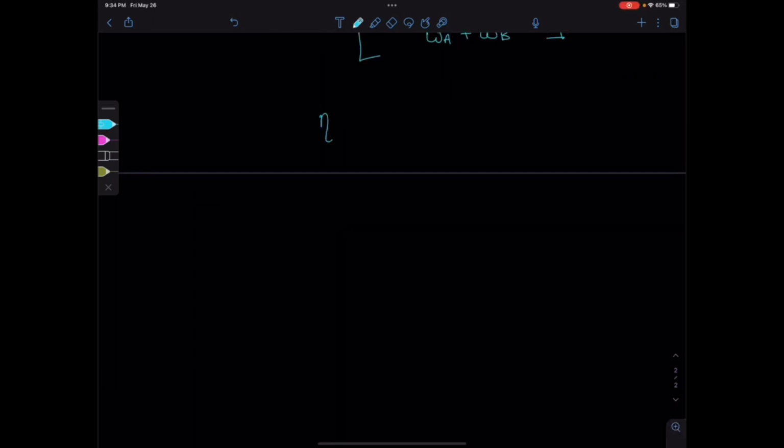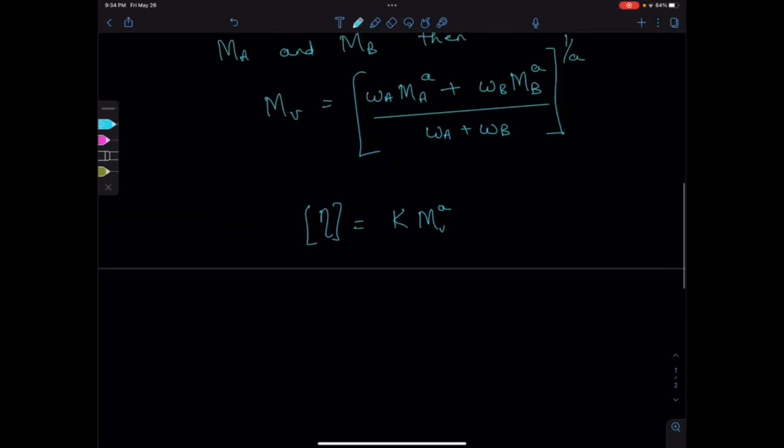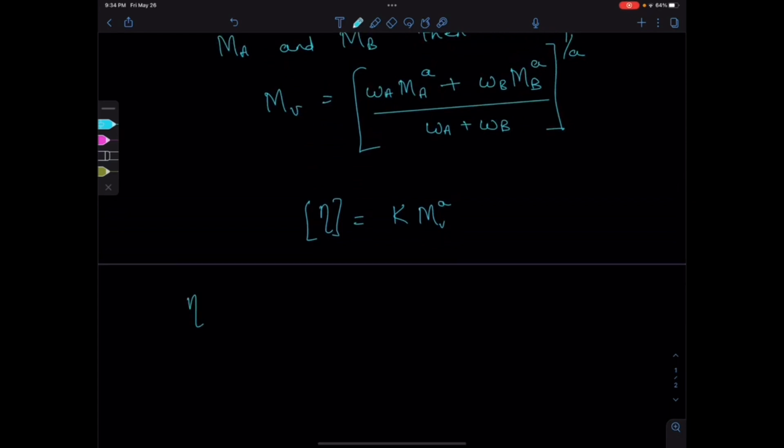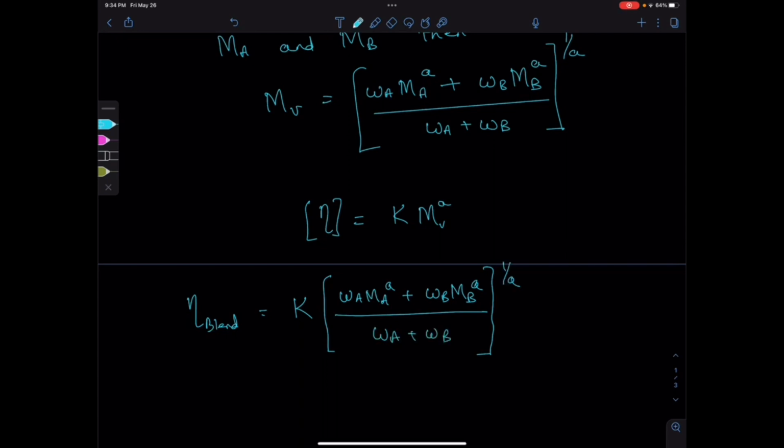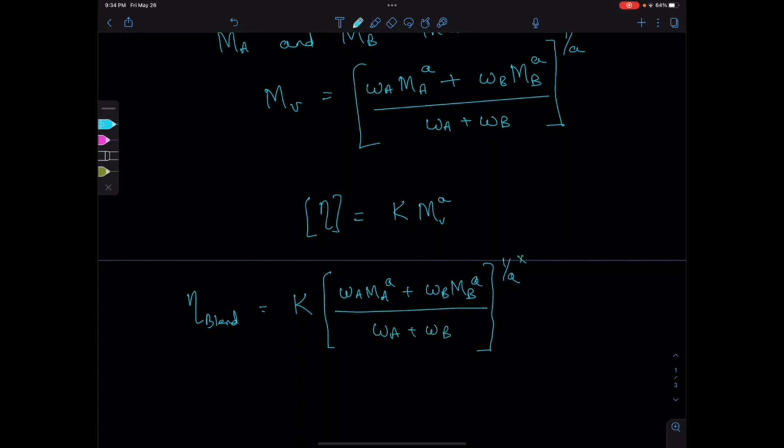Also, we know that intrinsic viscosity is K M to the power of a. So, the intrinsic viscosity of this blend can be given as K times Wa Ma to the power a plus Wb Mb to the power a over Wa plus Wb, to the power 1 over a, times a.